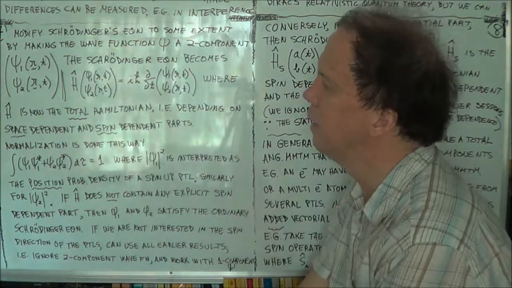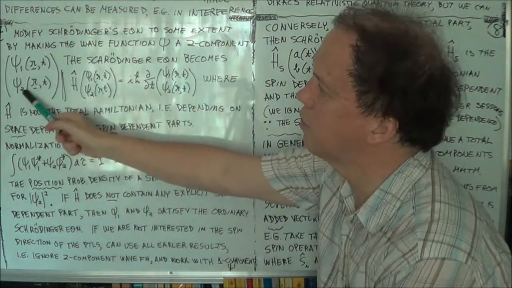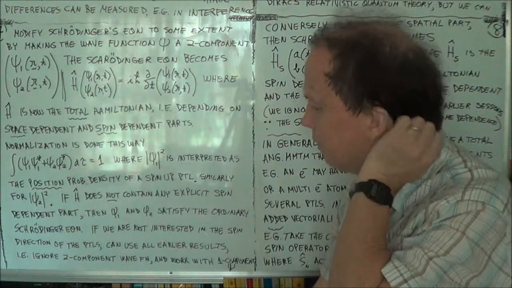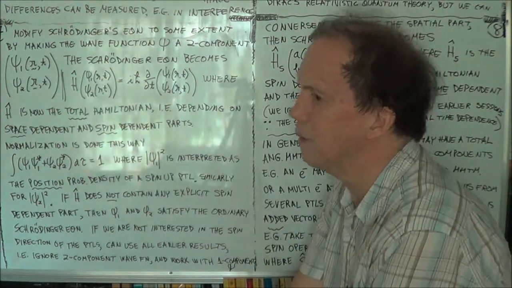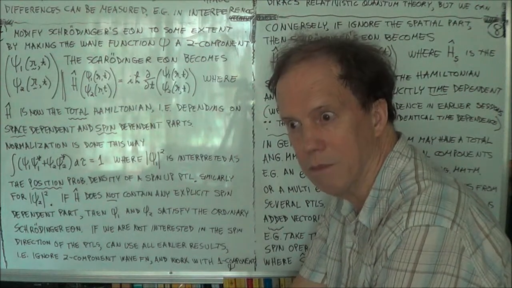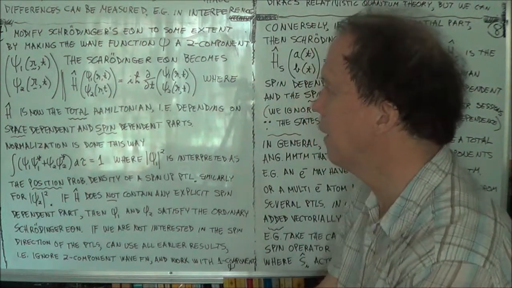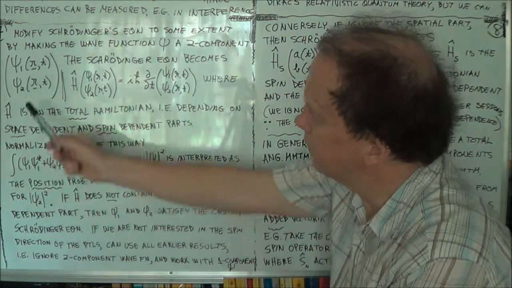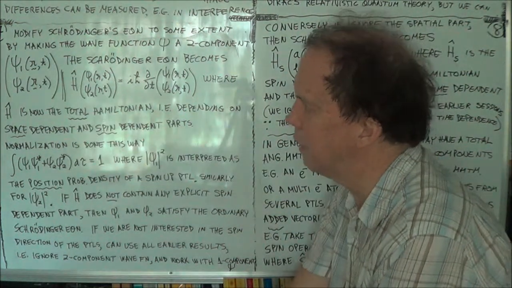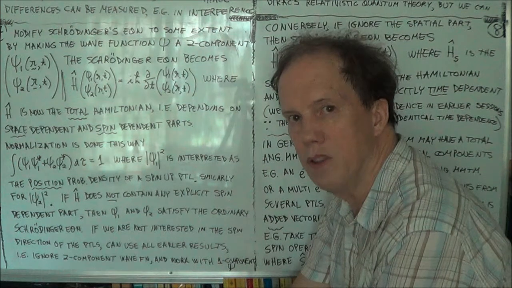So that's the way you think the Schrödinger equation would probably look if you have this two-component wave function that's analogous to the spin eigenvectors. Well, if that's your wave function, how do you interpret normalizing it?